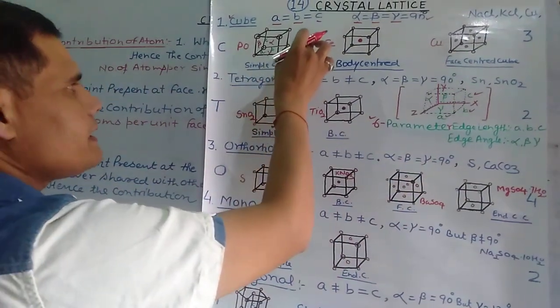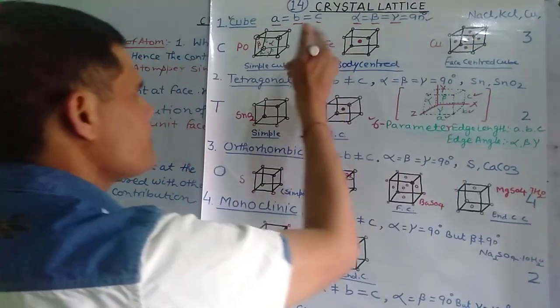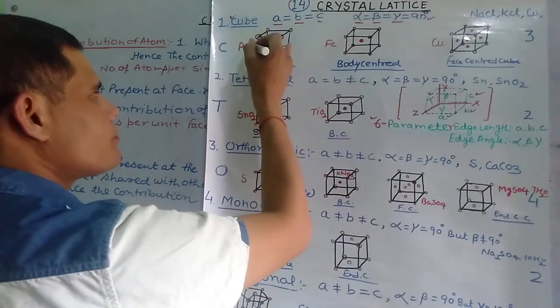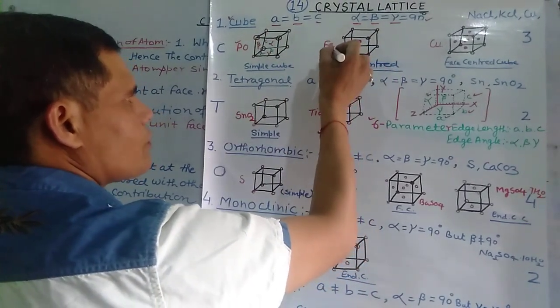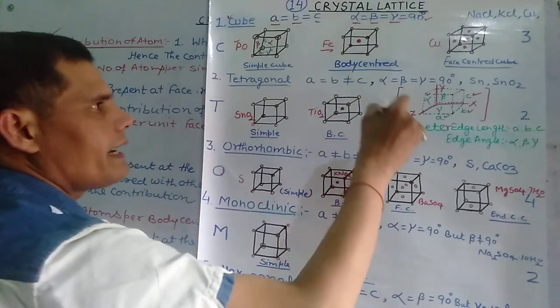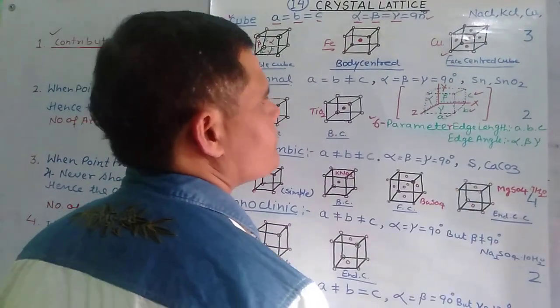For cube, simple, body centered, and face centered. Simple cube, the example is polonium. Body centered cube is iron, and face centered cube is copper.